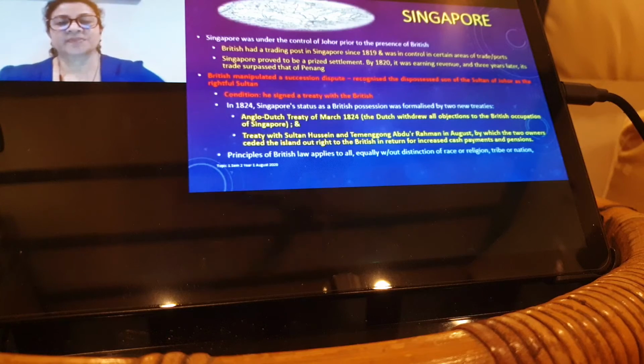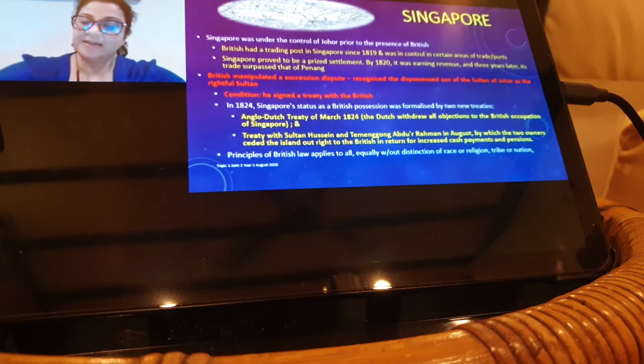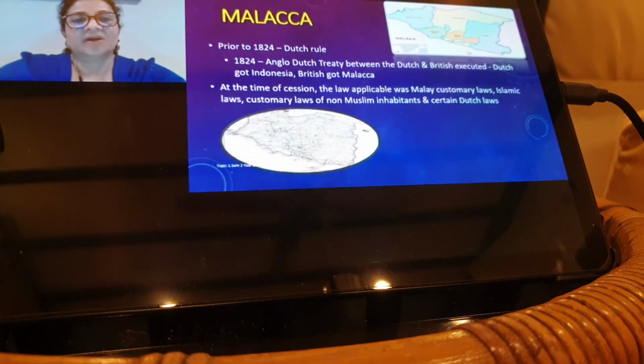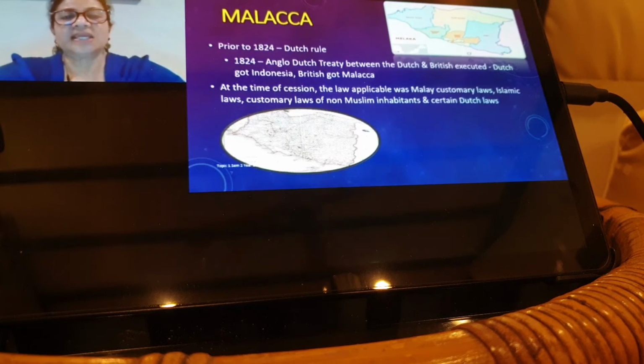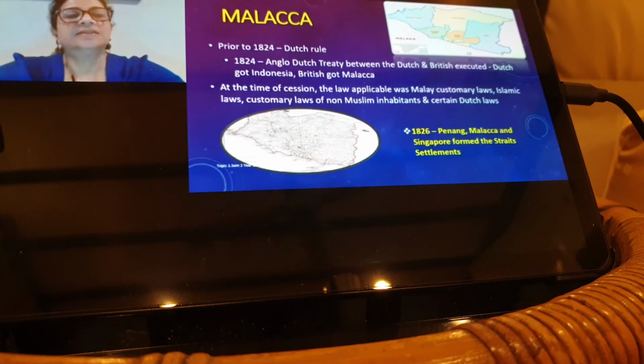So once Singapore was under British rule, the principles of British law were applied without distinction of race or religion, tribe or nation. So first, British made their presence in Penang, and secondly, they took over Singapore, and subsequently the third was Malacca.